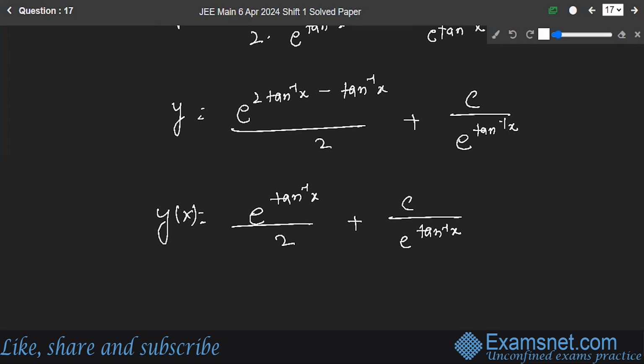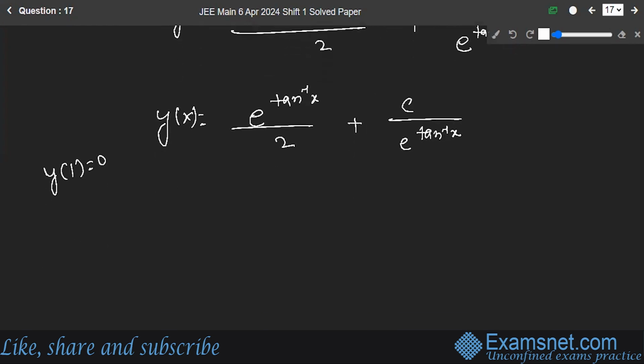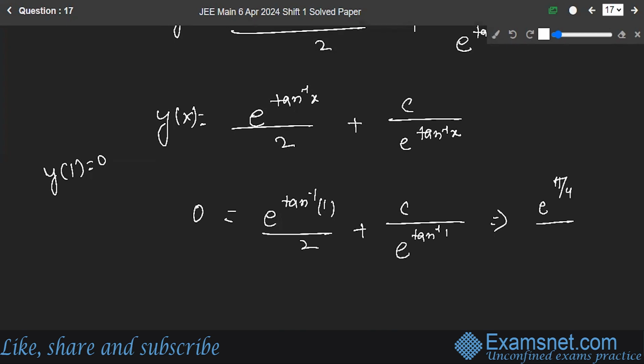Now in the question, you are given y of 1 is equal to 0. That means when x is equal to 1, y is equal to 0. So this gives me 0 is equal to e raised to power tangent inverse 1 upon 2 plus c upon e raised to power tangent inverse 1. Tangent inverse 1 is pi by 4. So this is e raised to power pi by 4 upon 2 plus c upon e raised to power pi by 4.